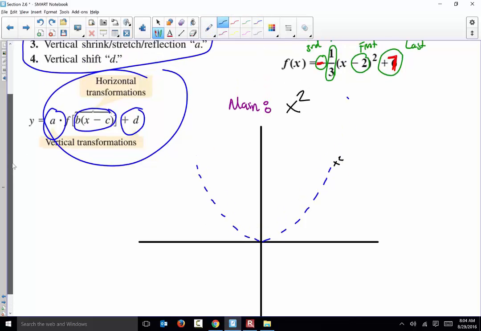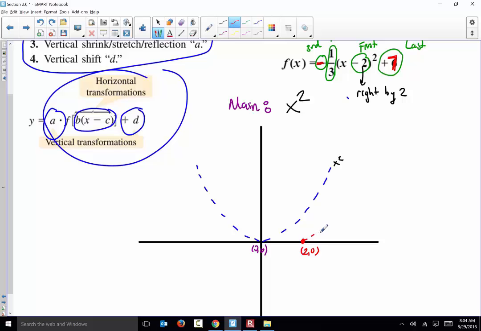Now, what is our first transformation? It's a right shift. How much? 2 units right. You need to move this blue dashed curve 2 units to the right. So this guy used to be 0, 0. It's now going to be 2, 0.